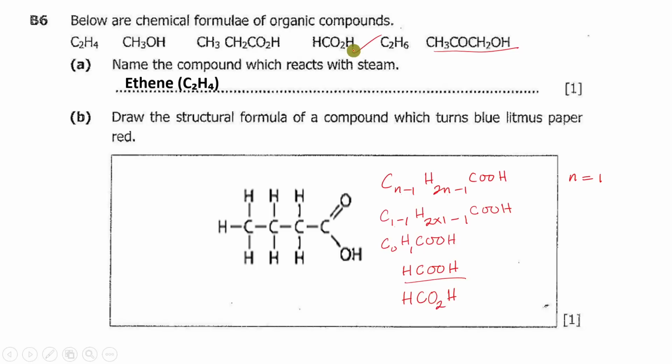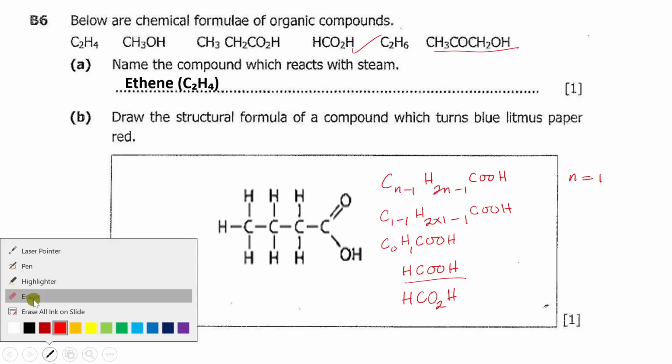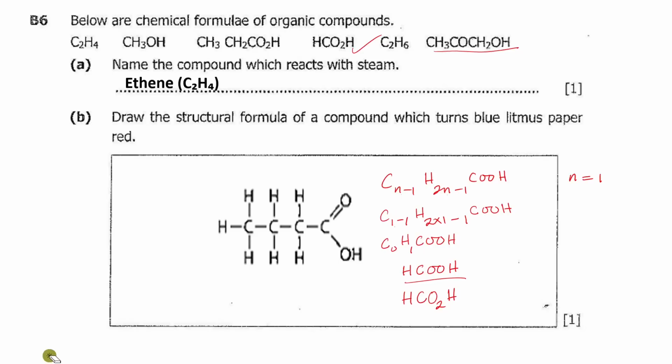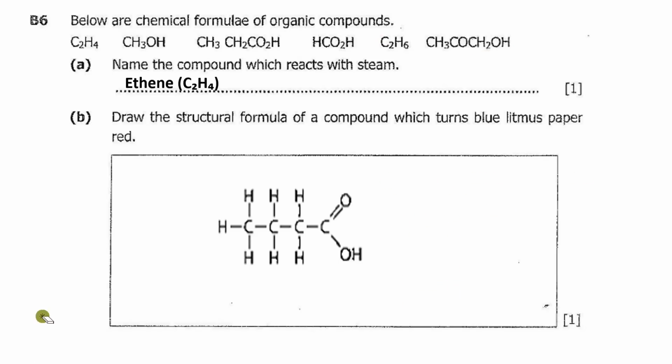Now to draw a structural formula for this one, let me just push it here so that we rub the other part. Okay, let me just rub the whole part here. And like this. So now we are writing this one. So it is an acid.